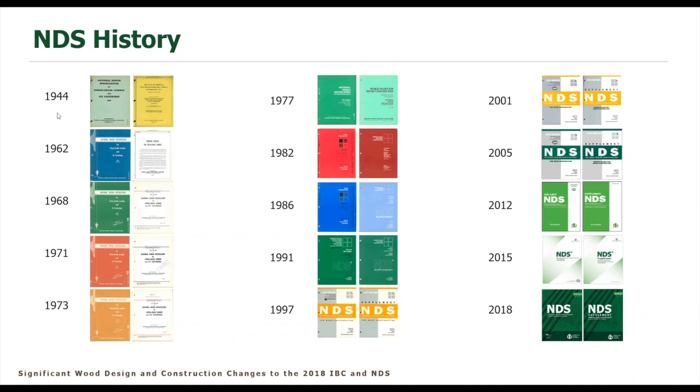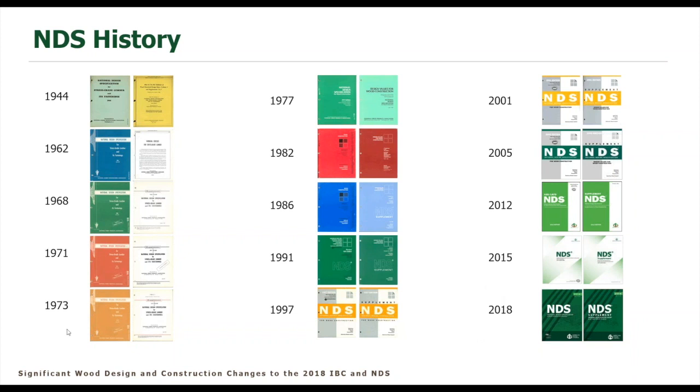Our National Design Specifications for wood construction go back to 1944, when they were developed in conjunction with the USDA Forest Products Lab. Through various iterations, incorporating new information about wood construction and changes in construction, we are now on the 2015 and changing to the 2018 NDS.